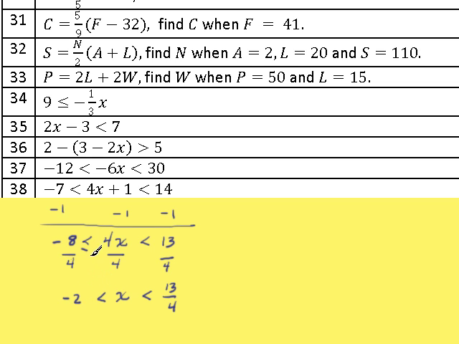One second, let me just erase that double line there. We have a single, not a double there. Okay. All right, so the interval notation would look like this. Minus 2 on the left, 13 over 4 on the right, and both round.